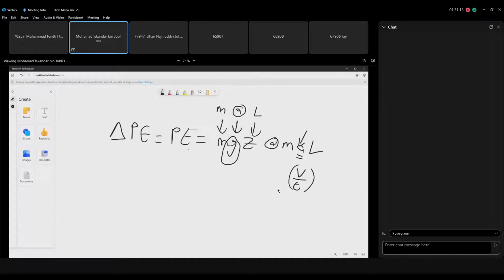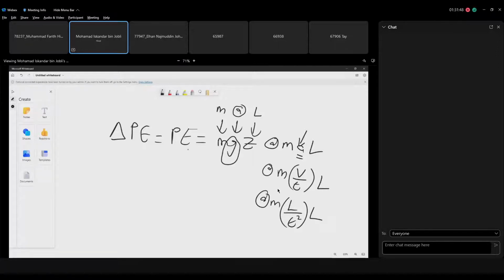So you have m, v over t, L. You can expand V over T, which is actually L over T. I think we did this together in a previous example. So V over T is L over T square, multiplied with L, right?